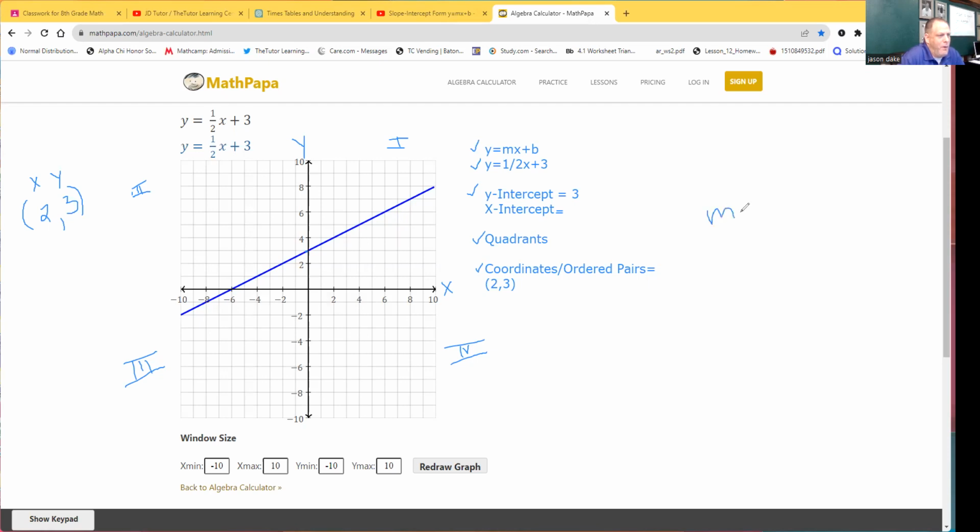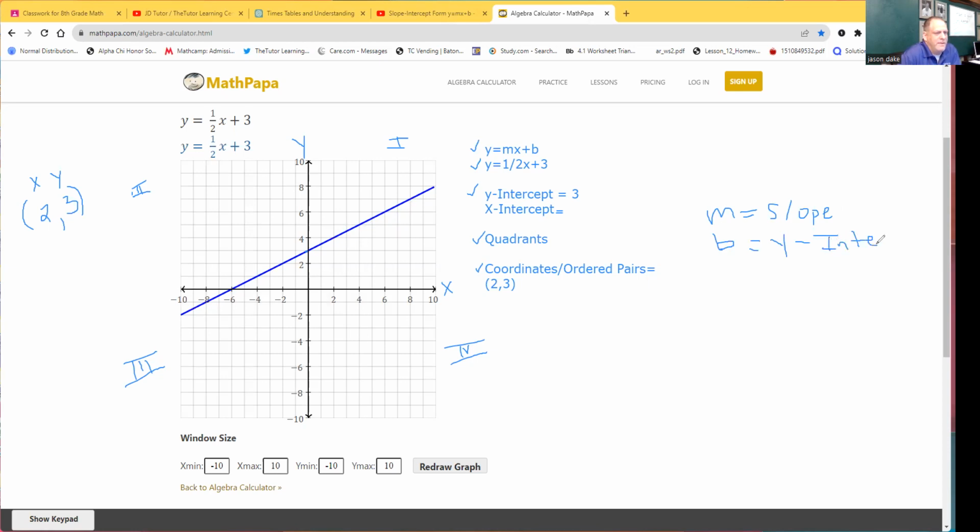So the m part is going to be the slope, and that slope is going up. The slope is the line. And that 3 that falls right here, that b above the 3, is your y-intercept. And of course, I made this problem up.